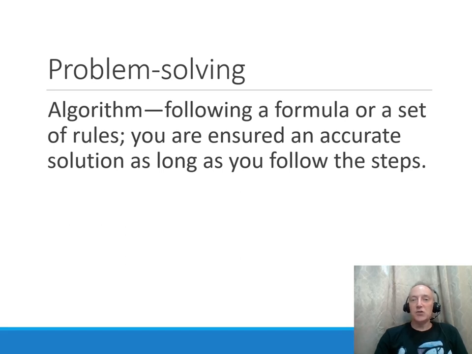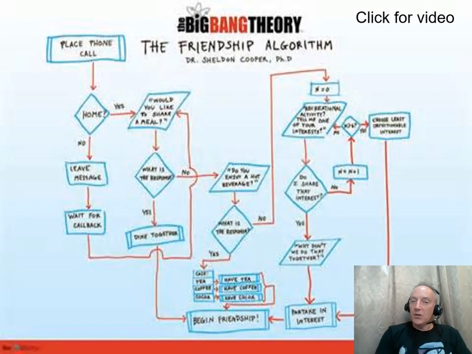Or if you cook or bake and you follow a recipe and you do the exact thing that the recipe tells you with the same ingredients, with the same measurements, you should always end up with the same product at the end. That recipe is an algorithm. An algorithm could also be something like a flowchart, where if you follow it and do what it says, you will always end up with the accurate solution.